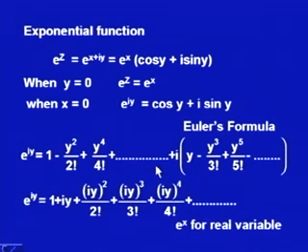If I combine these terms, then e^(iy) is equal to 1 plus iy plus (iy)^2 by factorial 2 plus (iy)^3 by factorial 3, then (iy)^4 by factorial 4 and so on. If I arrange these terms in this manner, then one can see that this is nothing but the expansion of e^x, where x is replaced by iy. So, this is very similar to what we have for real variables.